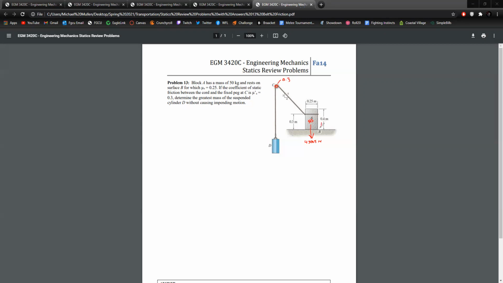And our friction value here is 0.25. It wants us to determine the greatest mass that the suspended cylinder D can have without causing any impending motion. So we must assume tipping and then assume slipping, check our belt friction, and see what mass comes out.